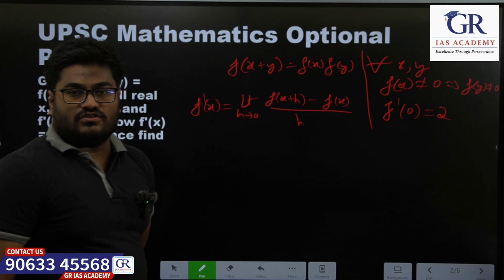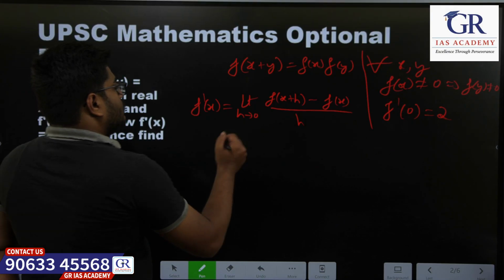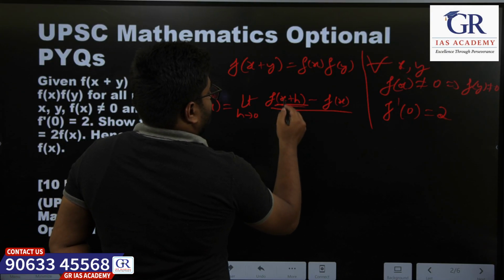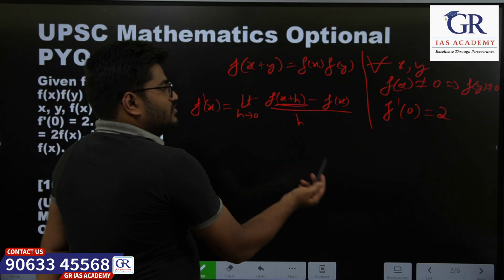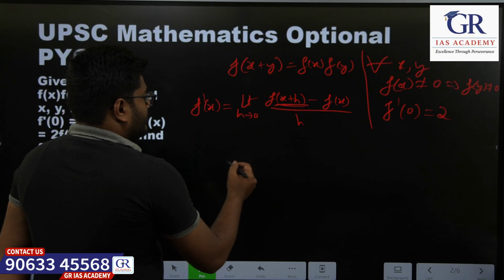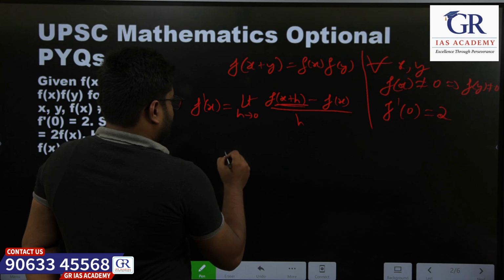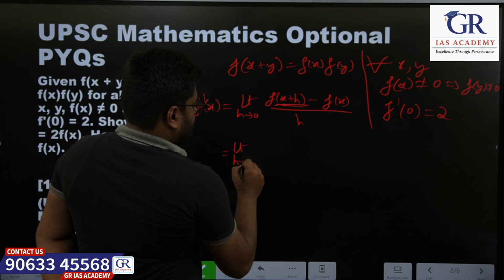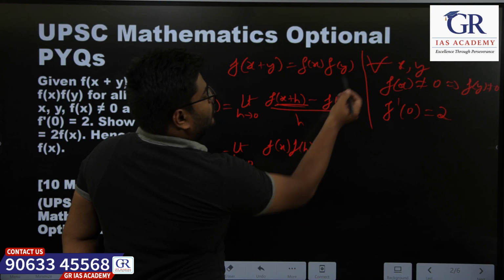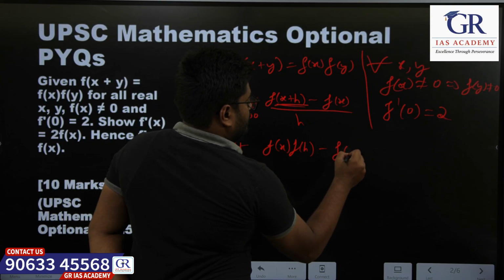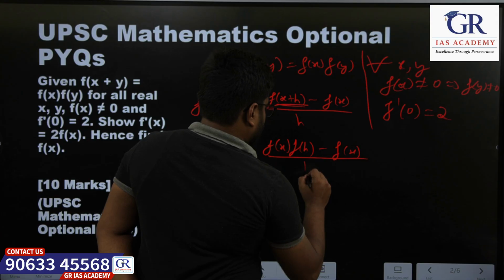From this, x plus h is in the format of the given equation, f of x plus y. So let's substitute h in the place of y. What do we get? The product. So we can simply write limit h tends to 0 of f of x into f of h, because it's a product, minus f of x, divided by h.